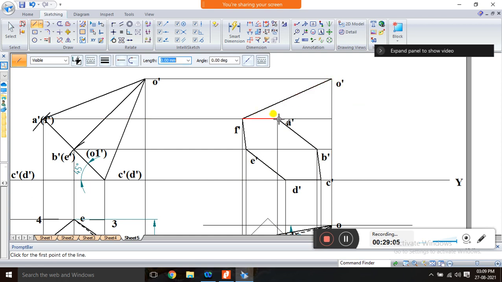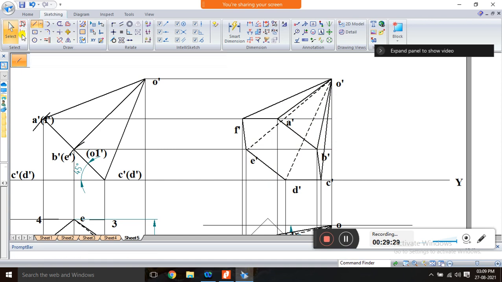You can imagine A dash to O dash visible, B dash to O dash visible, and C dash to O dash visible. But this E dash, it is inside, so this E dash to O dash is not visible, that's why it is a dotted line. D dash to O dash, it is not visible, it is also a dotted line.